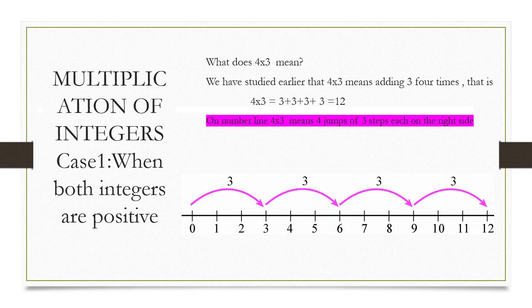On the number line, 4 into 3 means 4 jumps of 3 steps each on the right side, or we can also say 3 jumps of 4 steps each on the right side. So the answer is 12 because after 4 jumps we are coming at 12 here.